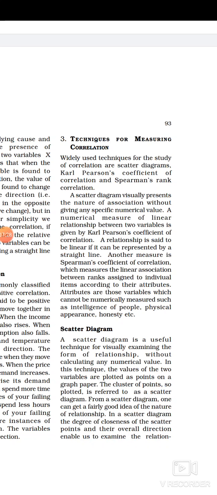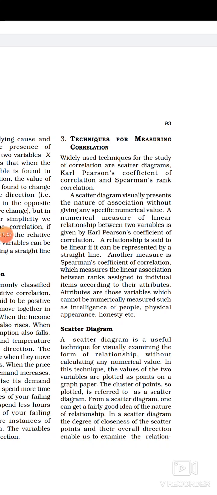A numerical measure of linear relationship between two variables is given by Karl Pearson's coefficient of correlation. A relationship is said to be linear if it can be represented by a straight line.